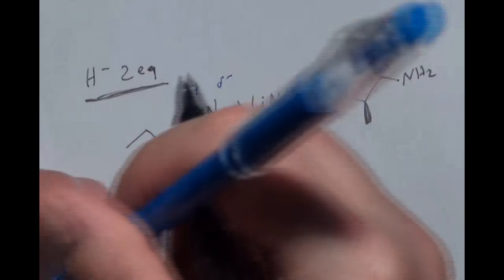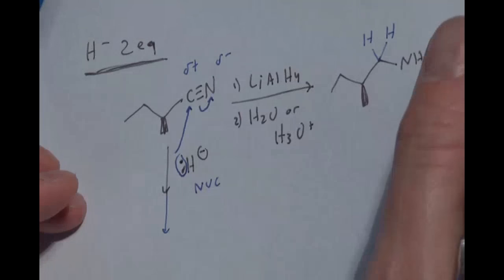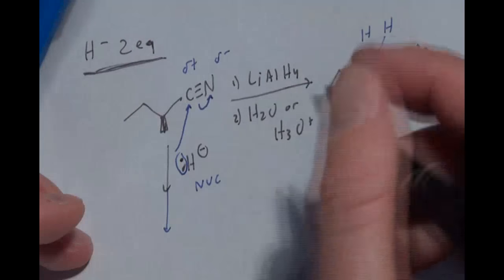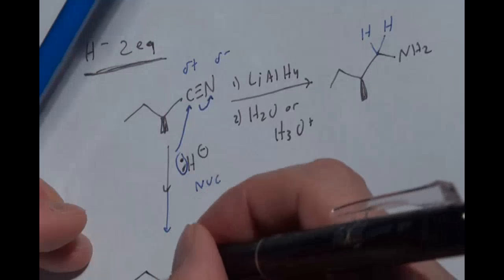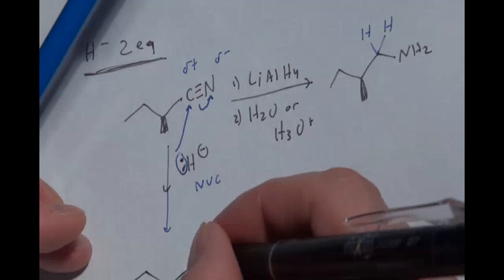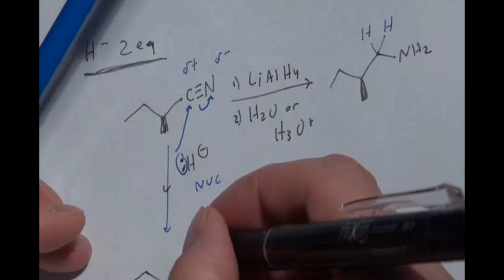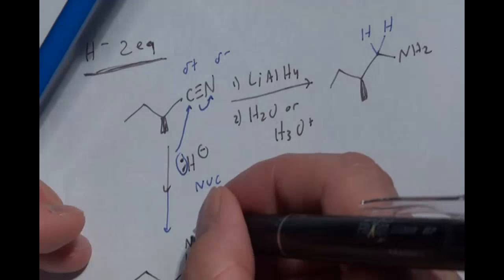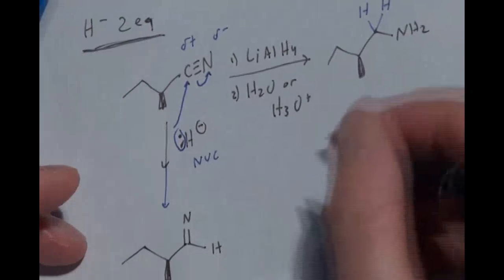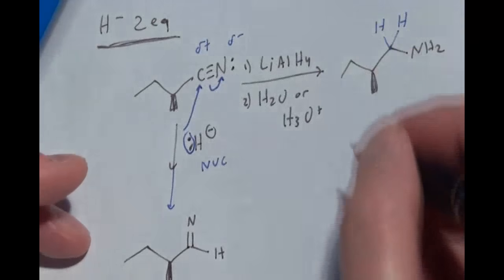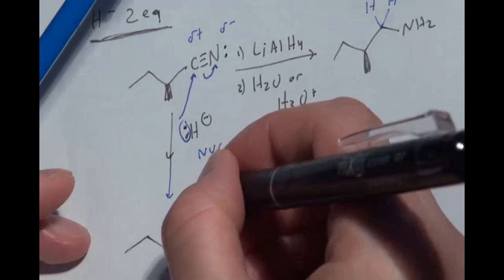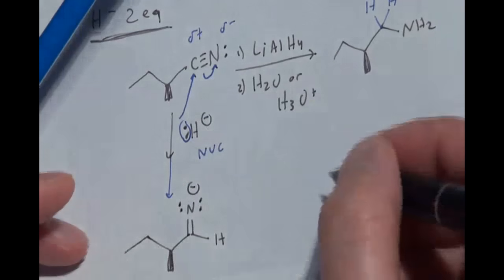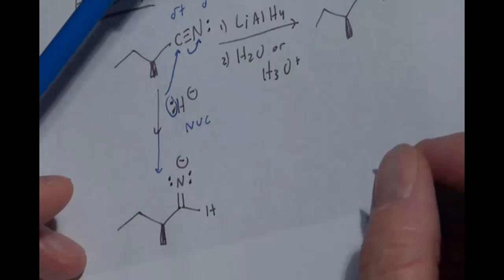So that makes sense, that the H would attack the carbon and push onto nitrogen. We had 1 lone pair. Now how many lone pairs do we have? 2. Okay. So yeah, that's what we got.